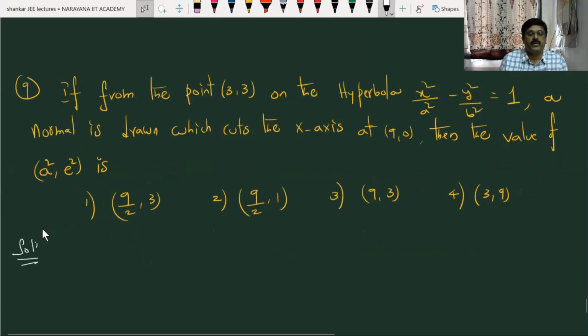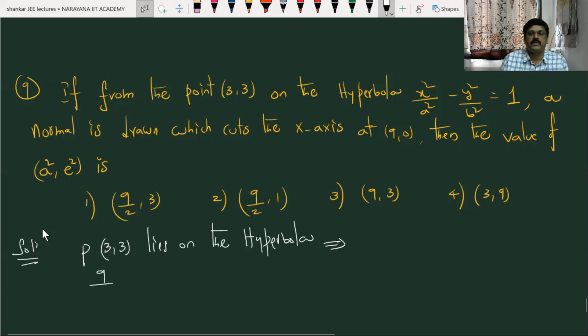Carefully watch. First of all, the point P 3 comma 3 lies on the hyperbola. So as it lies on the hyperbola, we can keep the point there in the place of x comma y. Then you have 9 upon a square minus 9 upon b square is equal to 1, right?